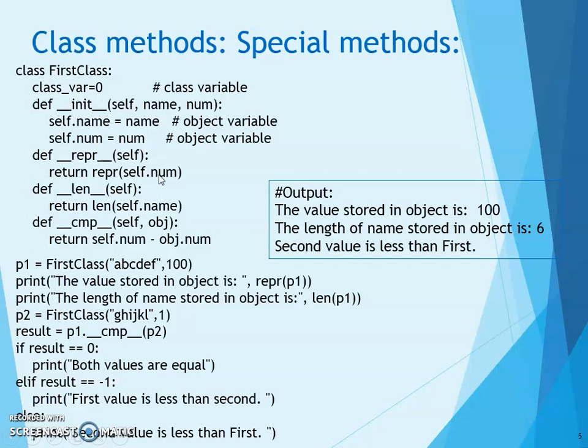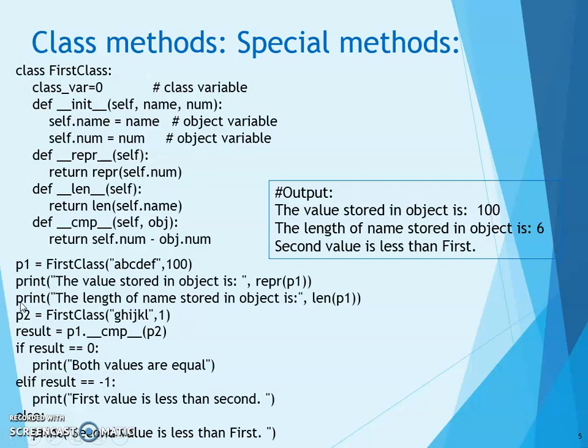What value have we passed as the number? That is 100. So the value stored in the object will be printed as 100, as we are returning the representation of self.num. This will return a string representation of our object. As we are returning num, it will return 100.